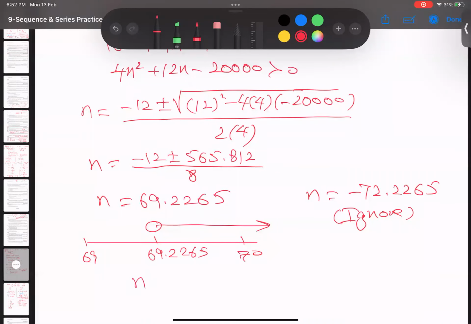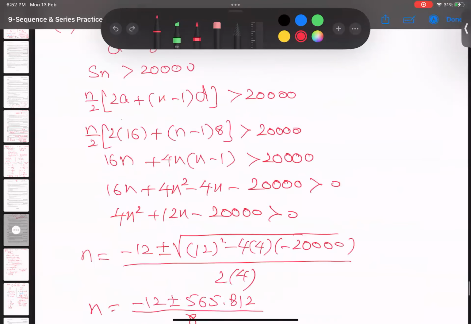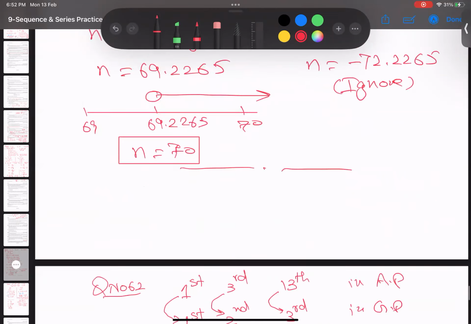So the answer for n is 70. This is my final answer because he said the least number. Although there are many numbers after that, 70, 71, 72, 73, 74, millions, trillions of numbers, the least number in this case is 70. So this is my final answer for part 1.